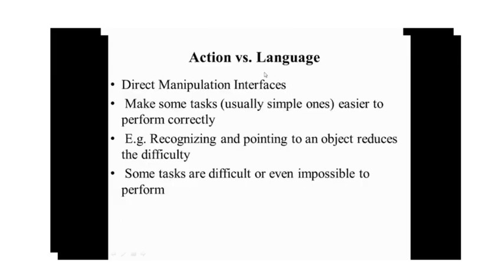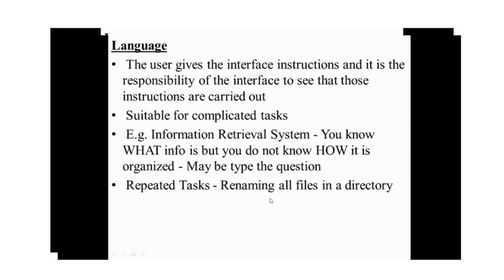Action versus language. Direct manipulation interfaces make some tasks easier to perform correctly. Example: recognizing and pointing to an object reduces the difficulty. Some tasks are difficult or even impossible to perform this way.